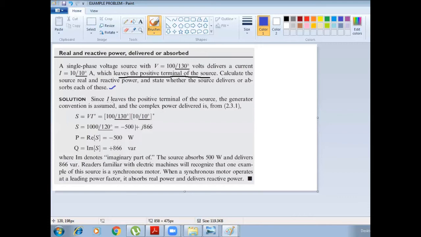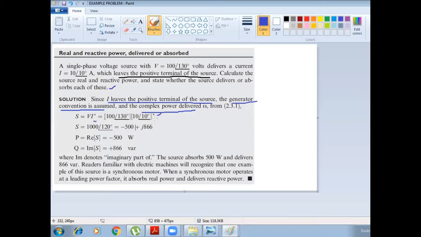For that, since I leaves the positive terminal of the source, the generator convention is assumed, and the complex power we can write as S equal to V I complex conjugate. Now V is 100 at an angle 130 degrees, and I is 10 at an angle 10 degrees, conjugate. Now we can write it as 100 multiplied by 10, that is 1000, and 130 degrees minus 10.